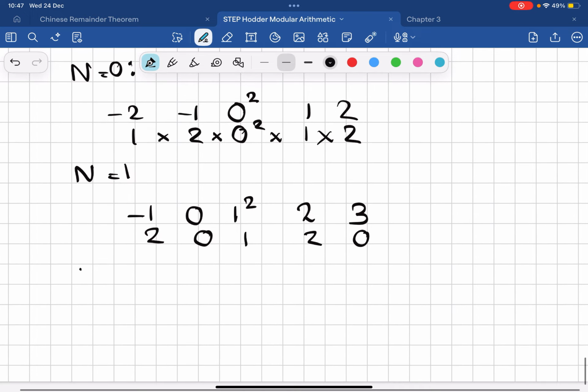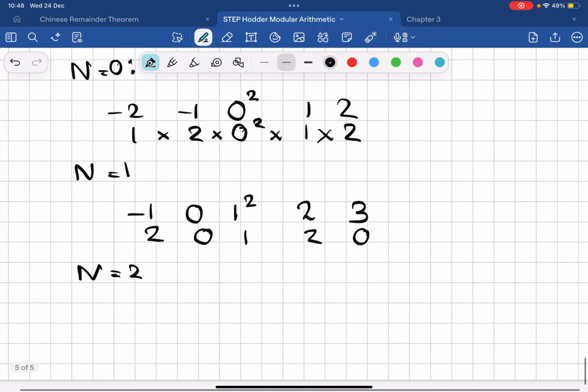And now when n equals 2, we've got n as 2 squared, and then we've got n plus 1, which is 3, n plus 2 is 4, n minus 1 is 1, n minus 2 is 0.